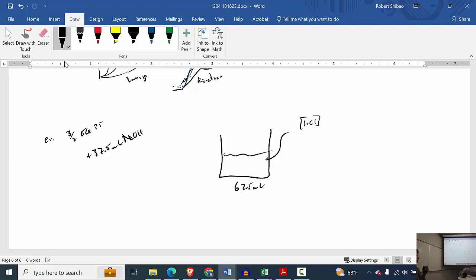So what's the dilution factor for HCl? Well, it's still 25. I'm starting from the beginning, but now I'm going to 62.5. 25 divided by 62.5 is 0.0400.